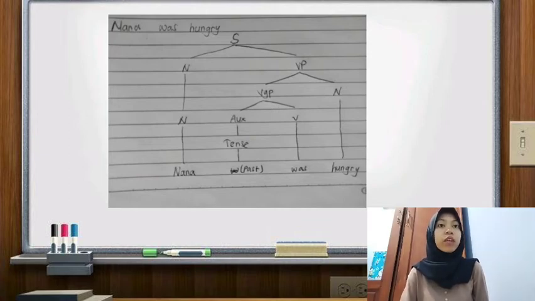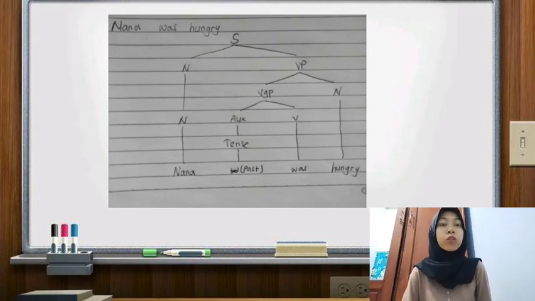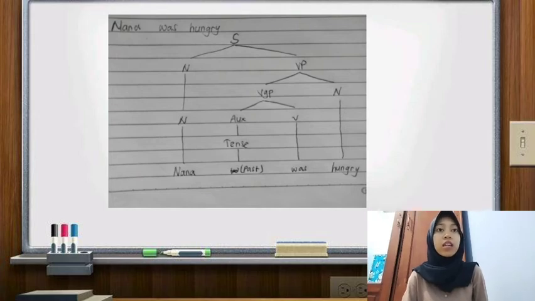Verb phrase contains verb group and noun. The verb group contains auxiliary and verb. The auxiliary contains tense, and the tense is past, and was in the sentence is a verb, and hungry in the sentence is the noun.